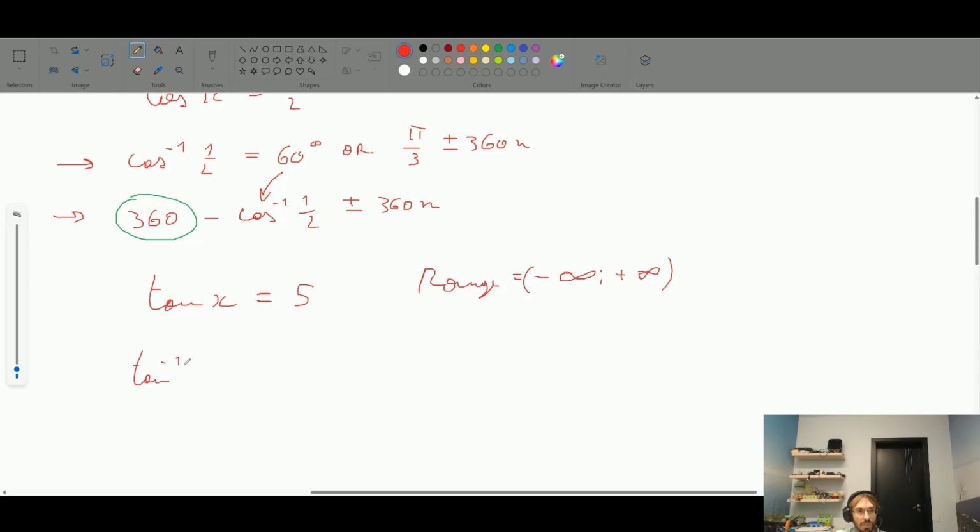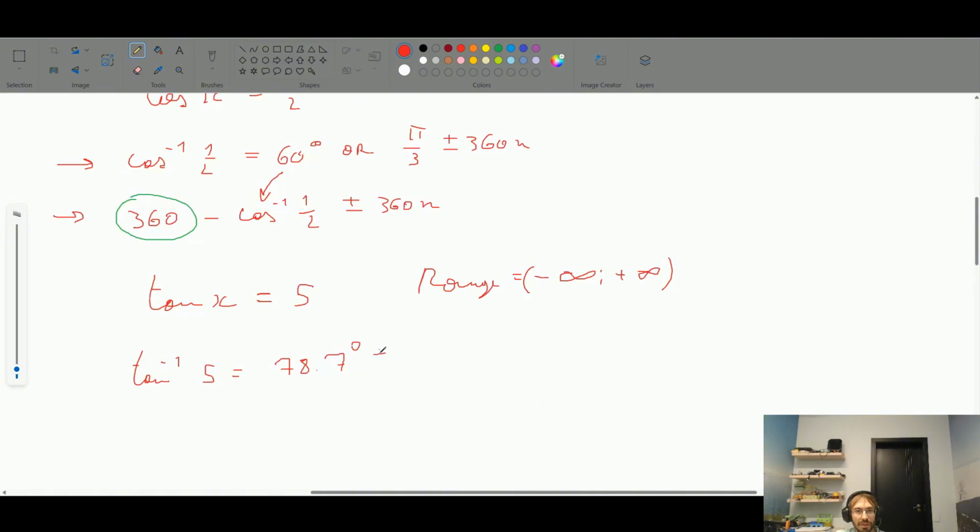Tan -1, which is usually shift tan, of 5 will give you by calculator a result of about 78.7 degrees. However, the tan function has a period of 180 degrees.